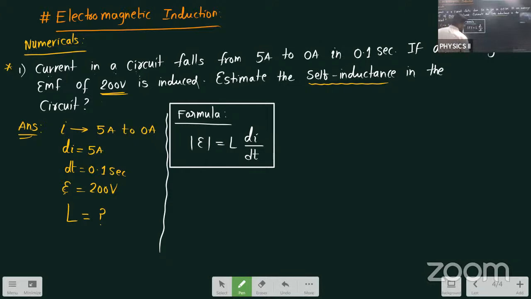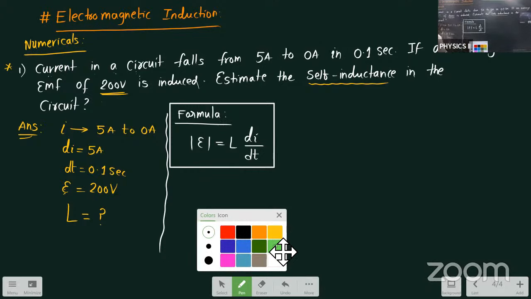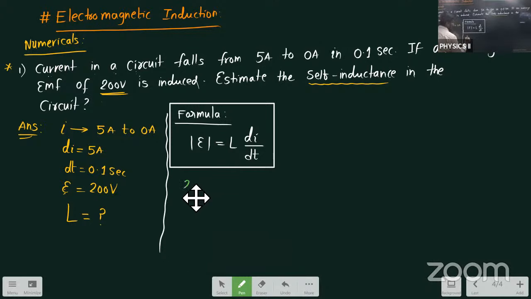Now let us substitute the value of E. The value of E given is 200. We are supposed to determine L. Change in current is 5 amperes, in 0.1 second. How can I solve this?